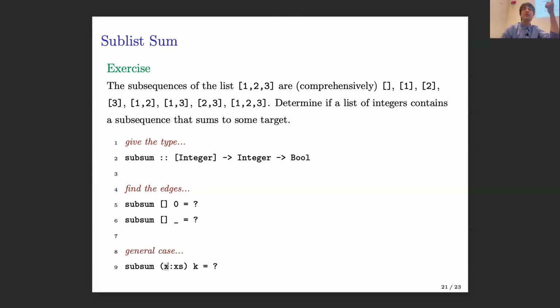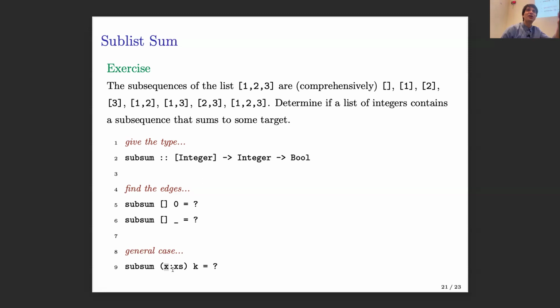If we don't use x, this is easy. Then I just say I can make the target in x cons xs if you can make the target in the tail. That's easy. But if I use x, then what do I have to do in the tail?